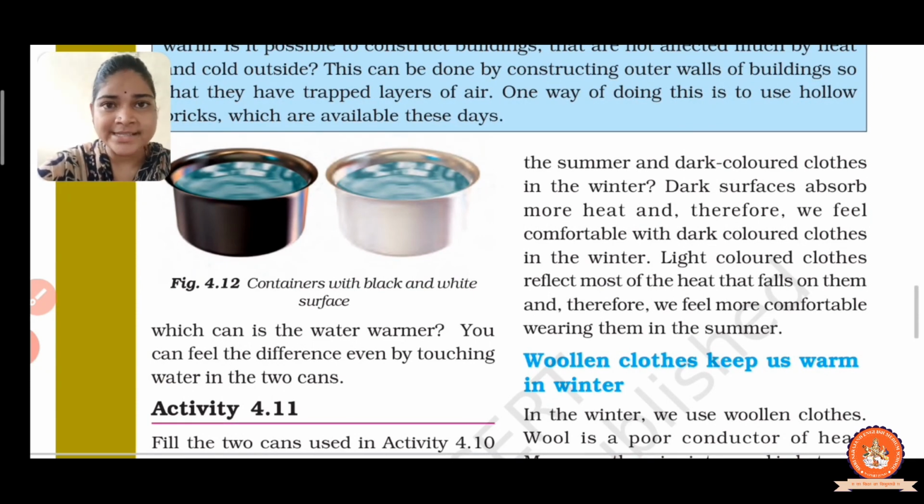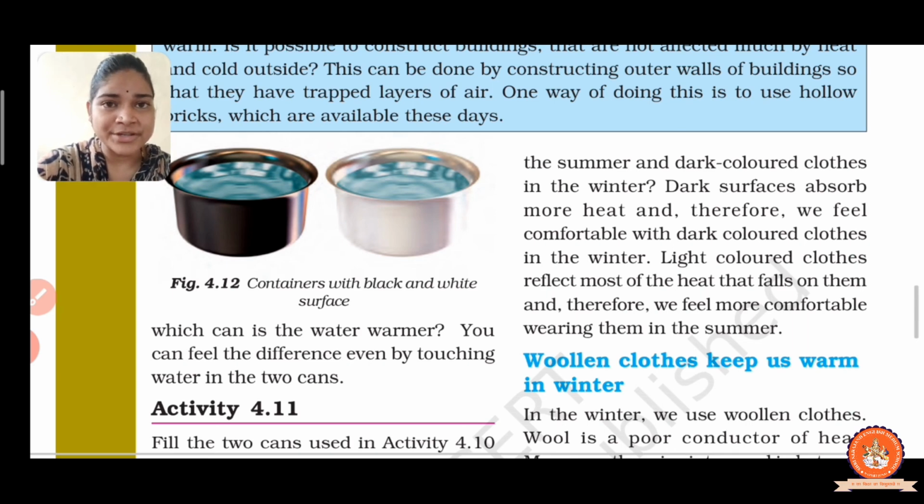The dark surface absorbs more heat as compared to white, and therefore we feel comfortable with dark clothes in winter. Light color reflects most of the heat that falls on it, and therefore we feel more comfortable in light color in summer.